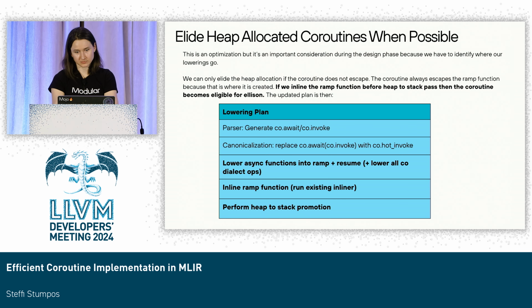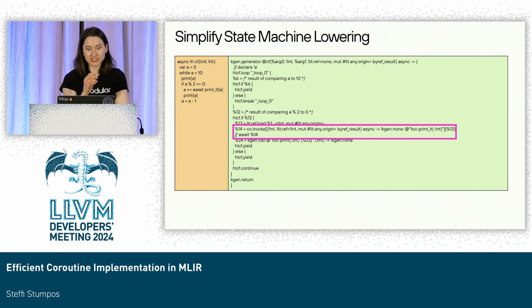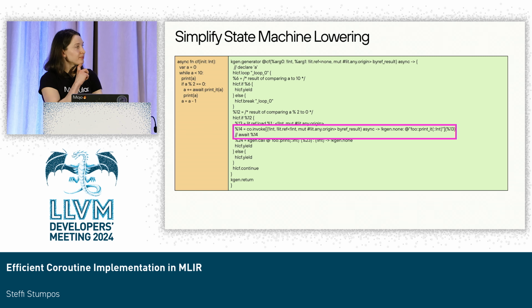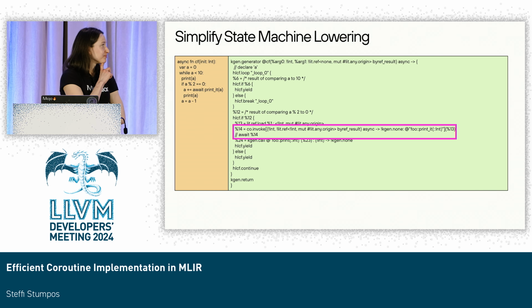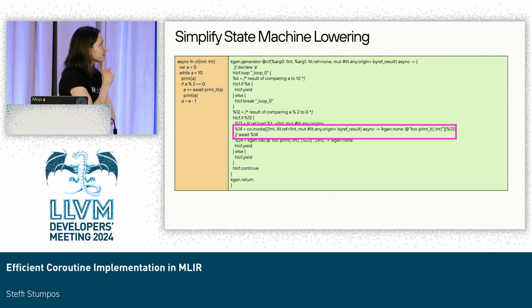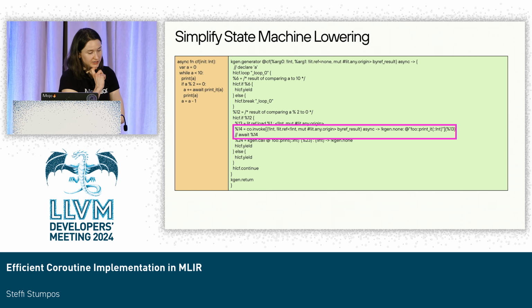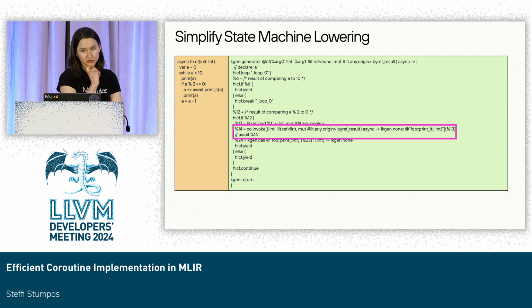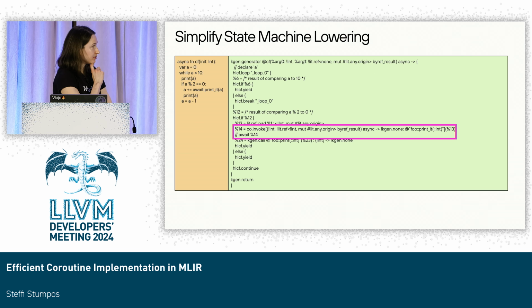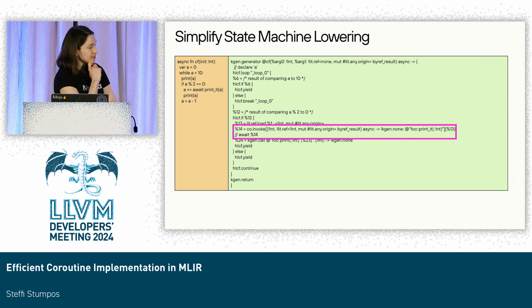But we're not done yet. Remember that I mentioned control flow can be a little tricky in some forms. So at the stage where we have the lowering of the async function, the control flow looks something like in the green box there, where it's nested.